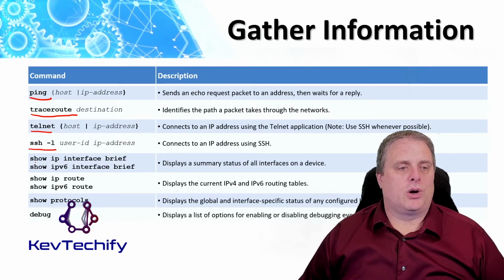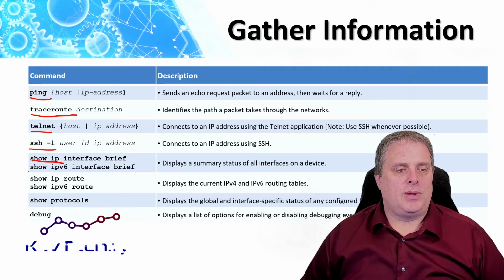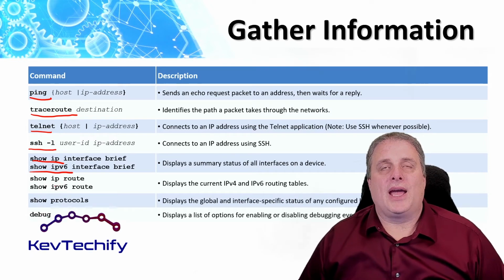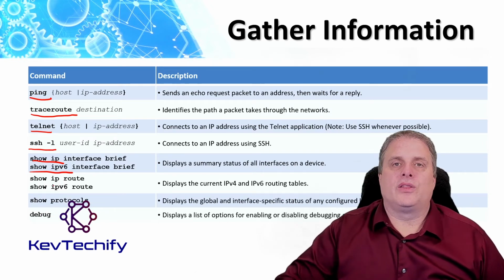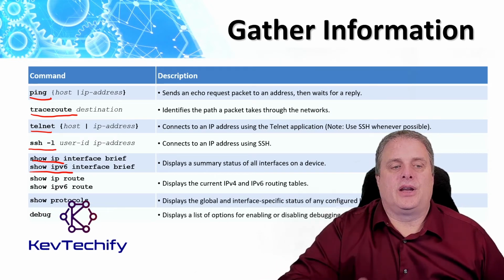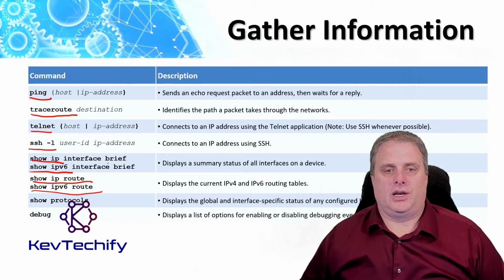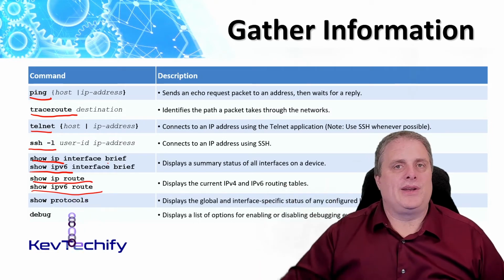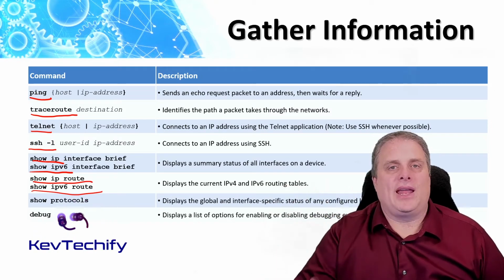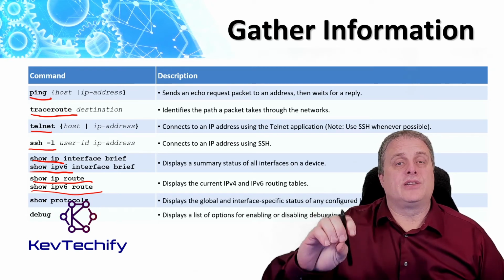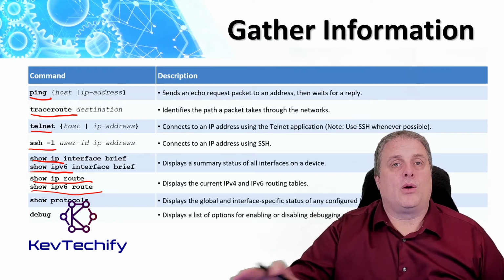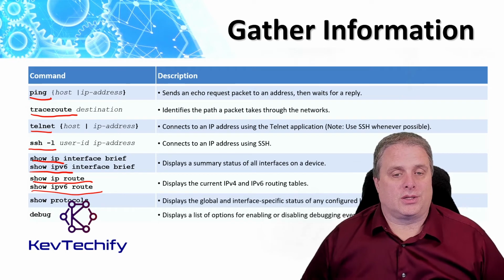We have show ip and show ipv6 commands. Verify that your IP addressing information is right and that all the settings on your interfaces are correct. We have our show ip route and show ipv6 route on your routers. That displays your routing tables. Make sure that it's propagating all the correct networks and that each device knows about the networks through different routing protocols.